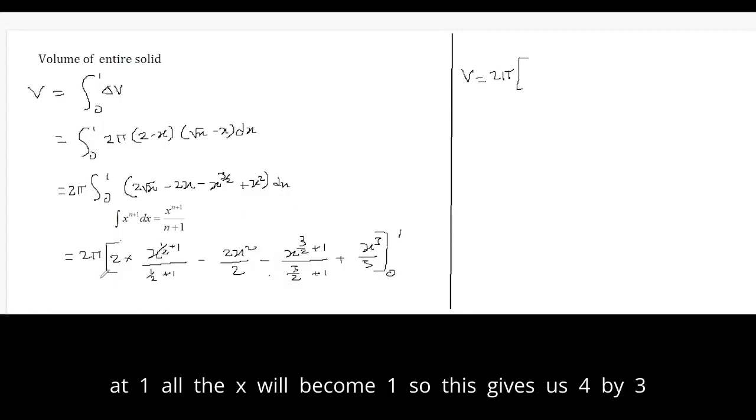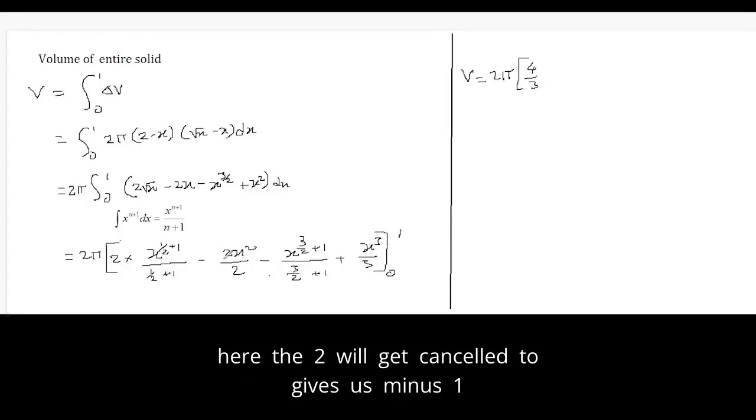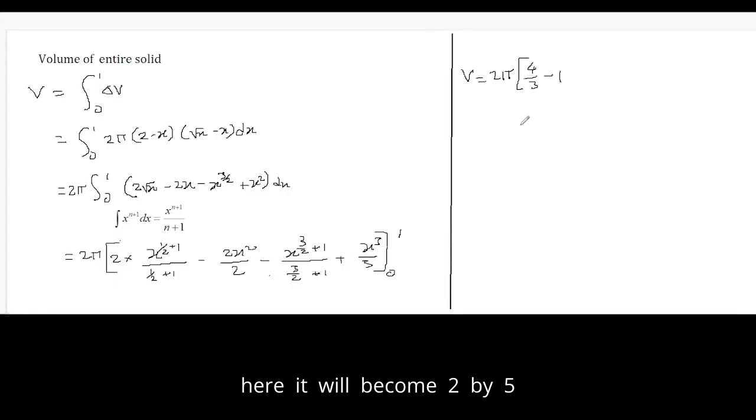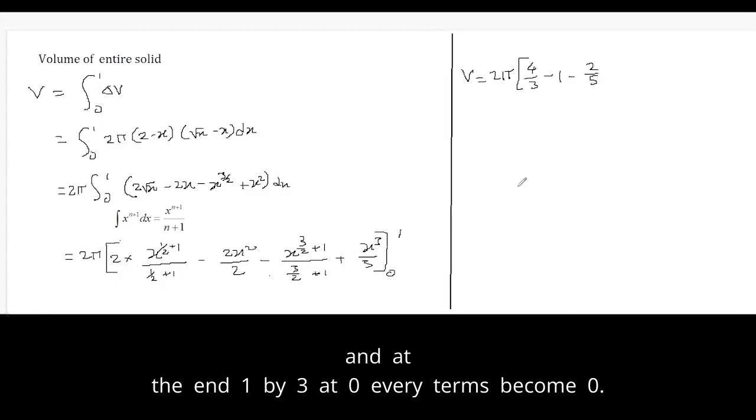At 1 all the x become 1, so this gives us 4 by 3. Here the 2 gets cancelled to give us minus 1. Here it becomes 2 by 5, and at the end 1 by 3. At 0 every term becomes 0.